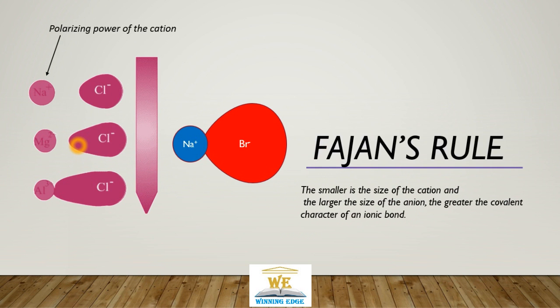Here is Fajan's rule. Polarizing power of a cation increases with increase in its charge. The smaller the size of a cation and the larger the size of an anion, the greater will be the covalent character of the ionic bond.